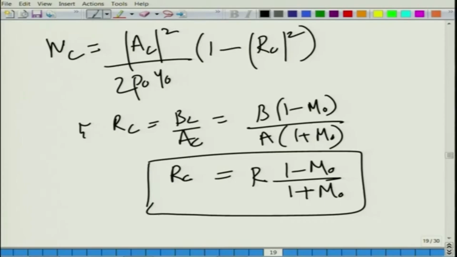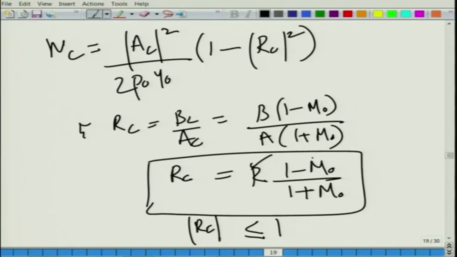So, now what it means is that in case of convective waves, the reflection coefficient Rc is a complex quantity, because remember R is also complex, but the good thing is that the magnitude of Rc should be less than 1. Why? Because now when m is non-zero, we can verify this.